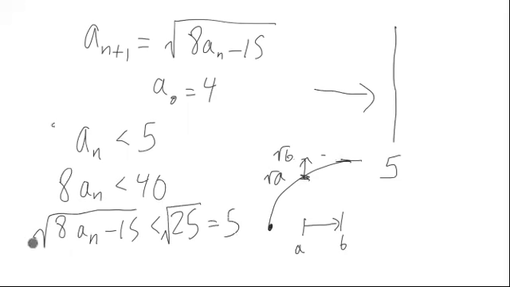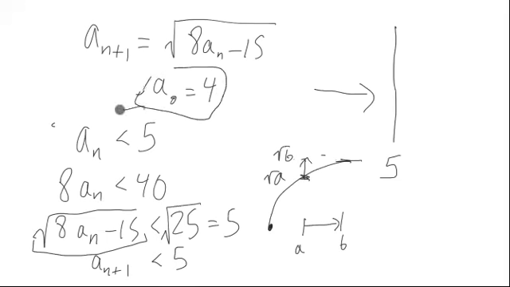Well, this has shown it, because this right here is a sub n plus 1, and that's less than 5. So we're done. We've just shown that if we start at some point where this is true, and of course it's true right there, then forever on, as we go with this definition for how to get to the next place in the sequence, we will be less than 5.